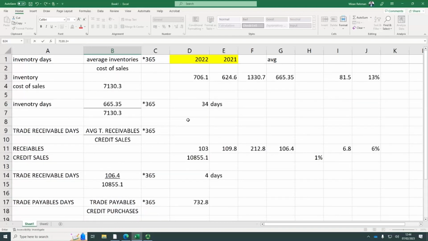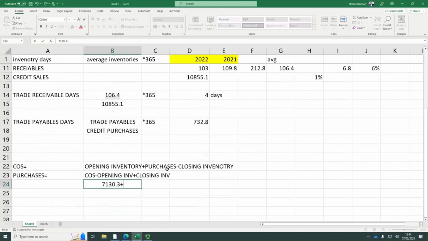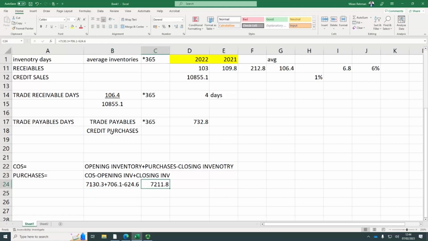We have already used closing 706.1, minus opening 624.6, gives 7211.8. So I got my credit purchases as well.